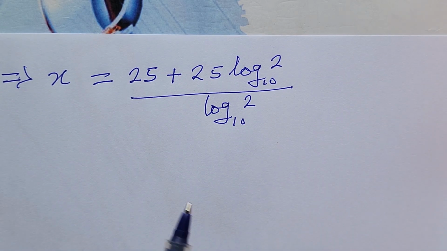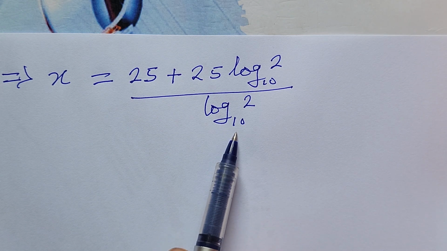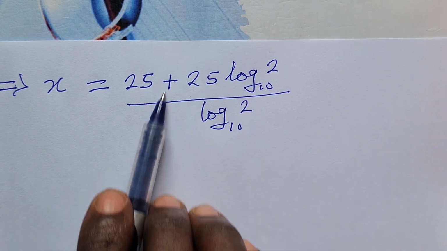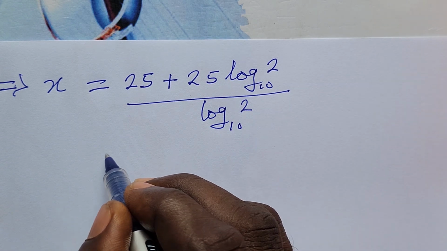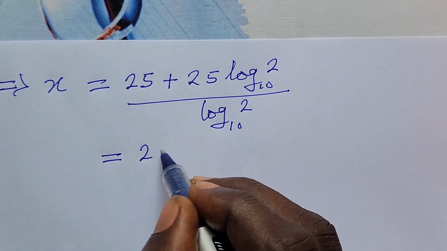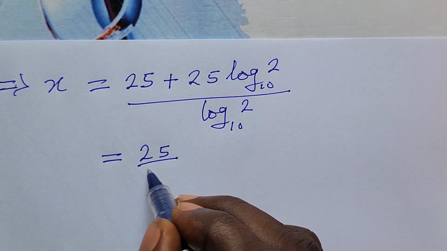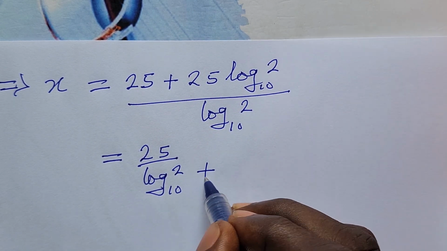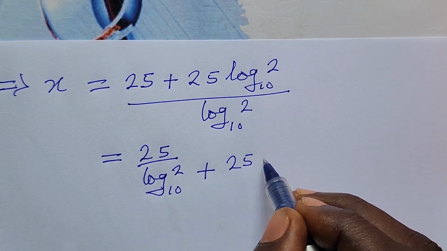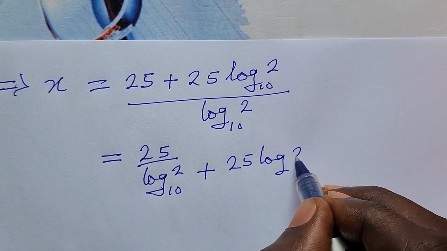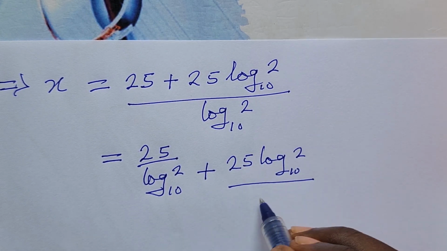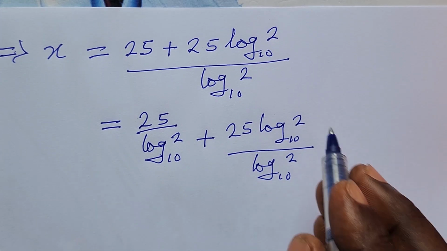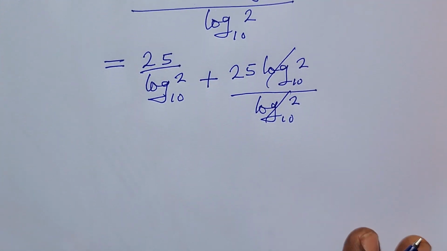Now, if you look at what we have here, we have log 2 base 10 here and log 2 base 10 here. So we can rearrange everything: 25 all over log 2 base 10, plus 25 log 2 base 10 all over log 2 base 10. This will cancel with this, right?